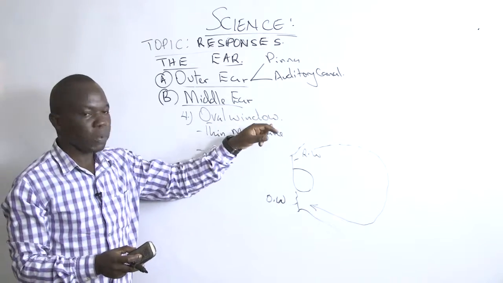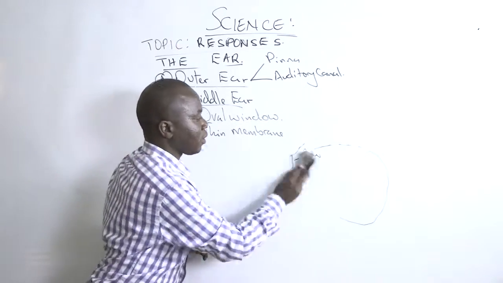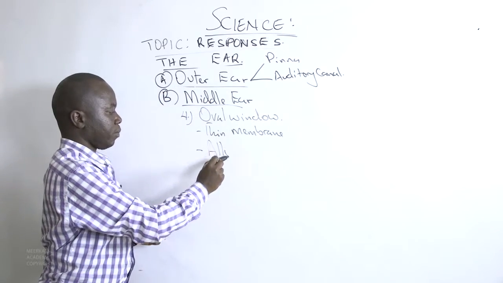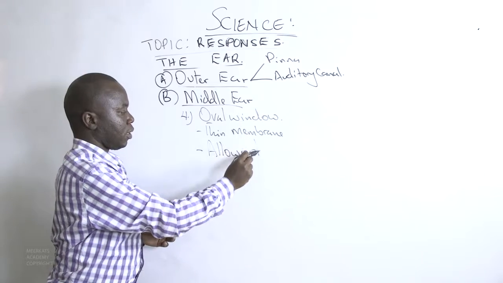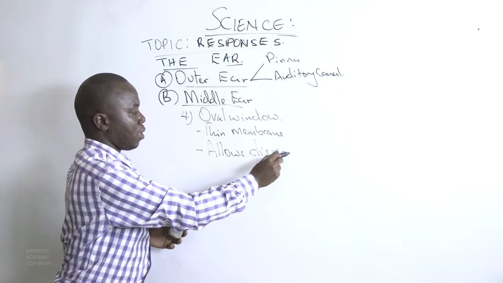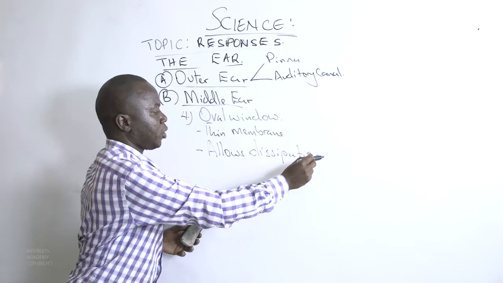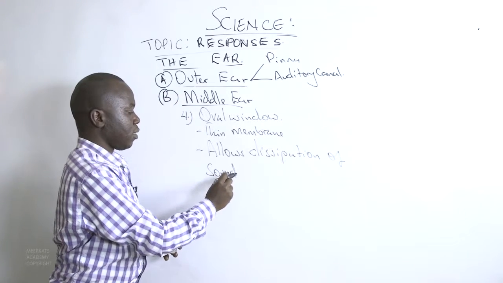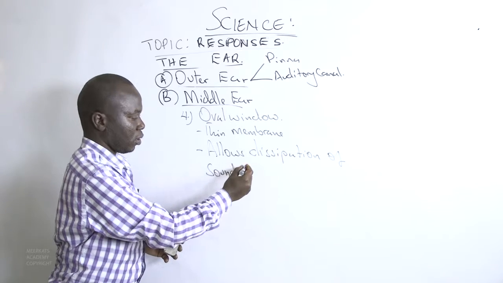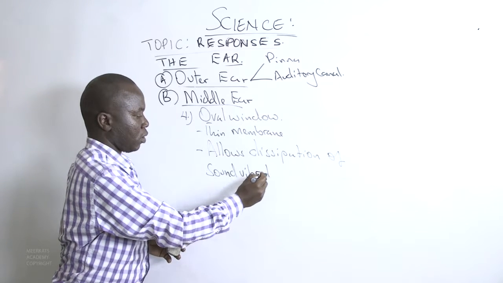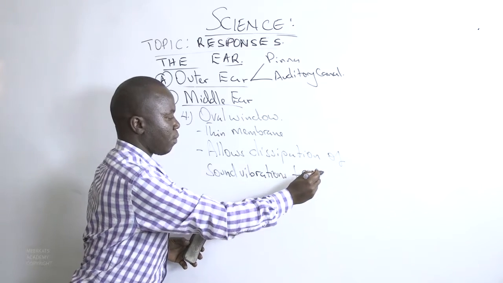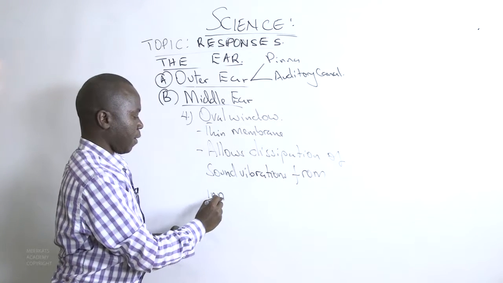So the role of oval window simply acts. It allows dissipation of sound vibrations from inner ear.